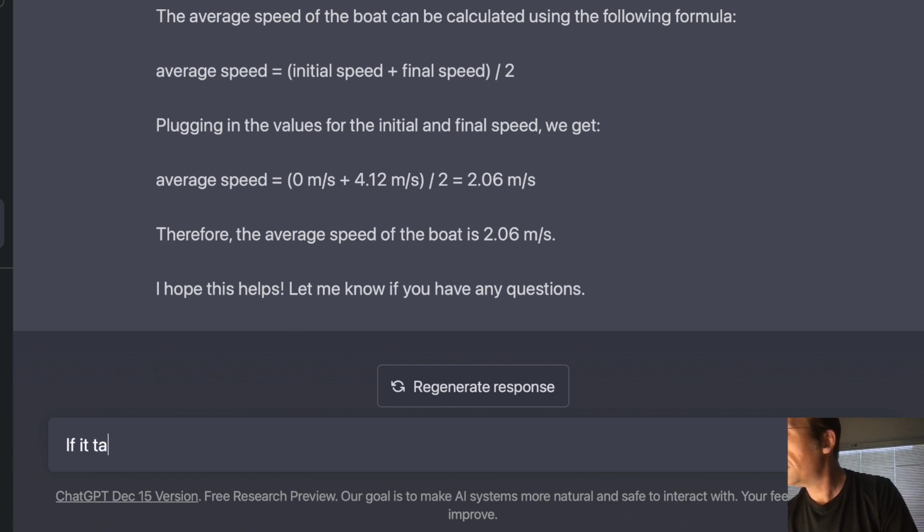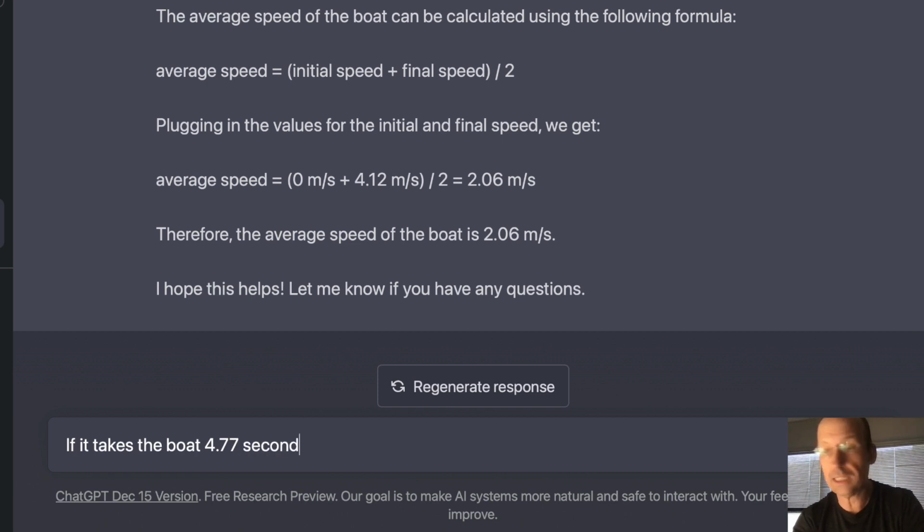If it takes the boat 4.77 seconds, they just put S, to reach the speed, how far has it traveled?